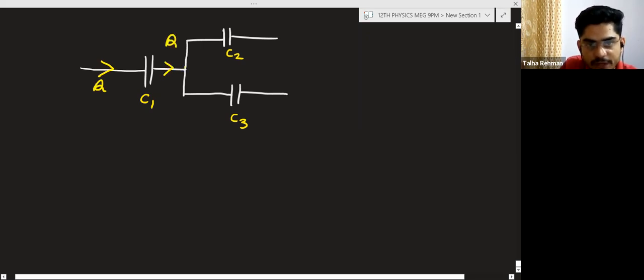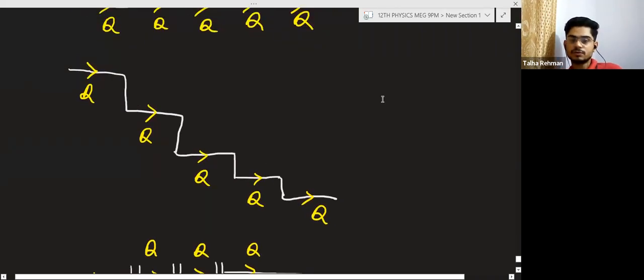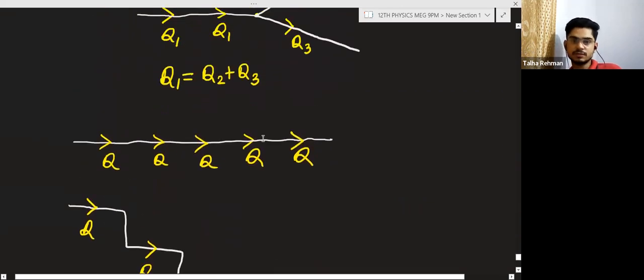But from this point, there are branches, so here the charge will be different. Here the charge will be Q2, and here again Q2. Here it will be Q3, and Q is equal to Q2 plus Q3. I am supposing it Q1. So Hamza, that's how the charge is divided.